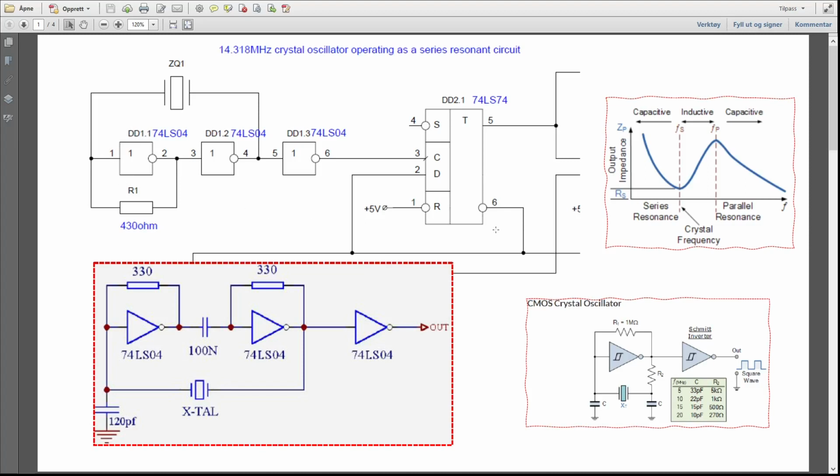Normally when you have a crystal in a circuit like this, you have some capacitance and some resistors putting load on the crystal so that you force it to act within these boundaries. As we saw in the last video, this crystal was spinning somewhat over here. The frequency was about 3 times as high as it should be.